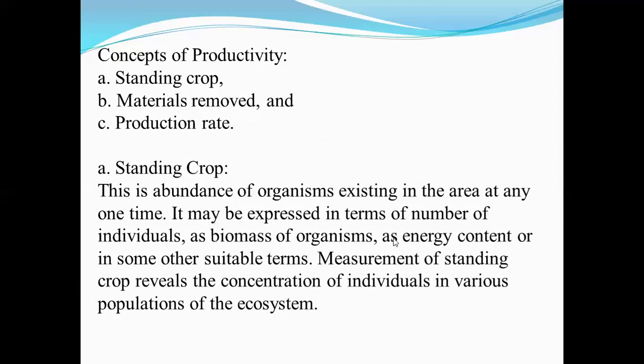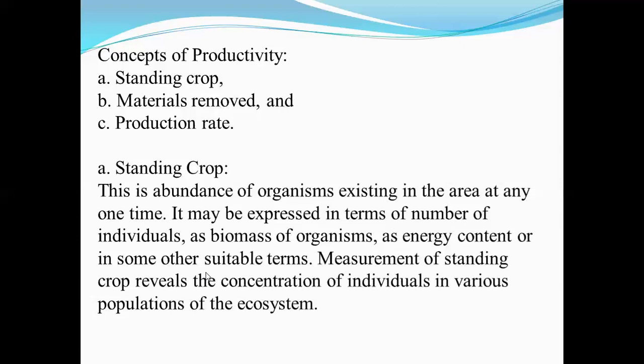It may be expressed in terms of number of individuals, as biomass of organisms, as energy content, or in some other suitable term. So, for example, if you take a forest, suppose we are only studying the oak trees, then the abundance of oak trees in that particular area is called the standing crop.